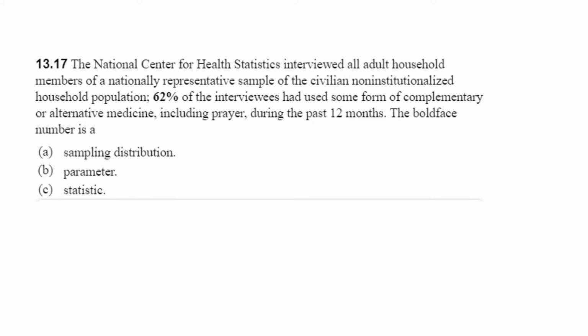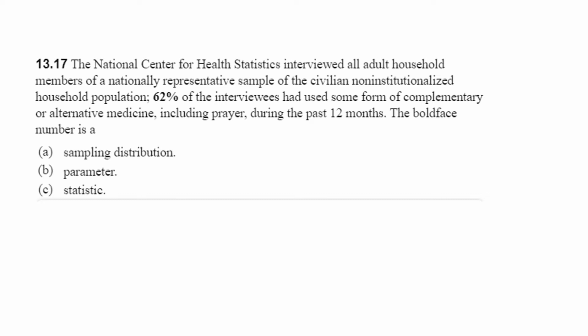Let's take this question from our textbook, chapter 13, question number 17. The National Center for Health Statistics interviewed adults nationally, and 62% of the interviewees from that sample, a small sample, used some complementary alternative medicine.